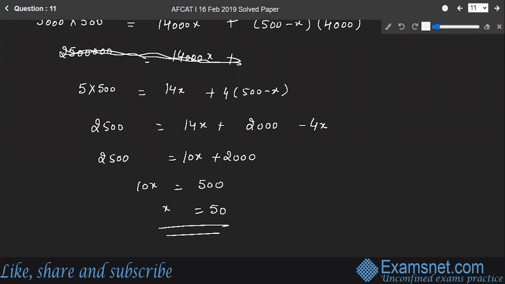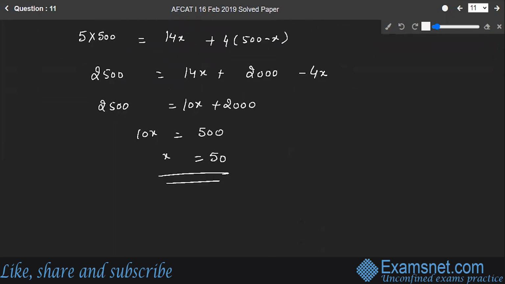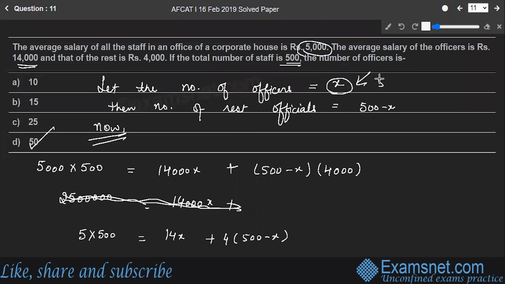What did we have to find out in the question? The total staff is 500 and the number of officers, we assumed to be x, that comes out to be 50. So here is our answer. x is equal to 50. So the total number of officers came out to be 50, which is our answer. So option D is the correct answer for the problem. Hope you're clear. Let's move to the next question, number 12.